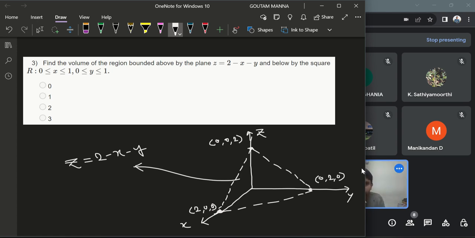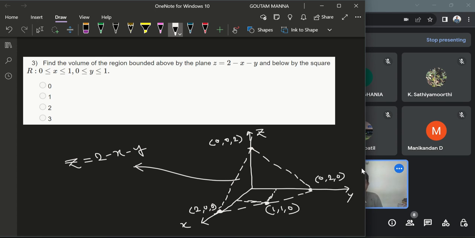Right, so then we are asked to integrate below this plane and inside the square region. So if when x is 1, this is the region we are asked to integrate. So x will be going from 0 to 1 and y will be going from 0 to 1, and this point will be (1, 1, 0).